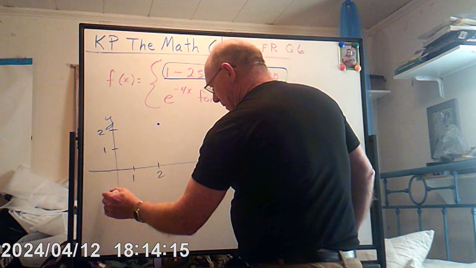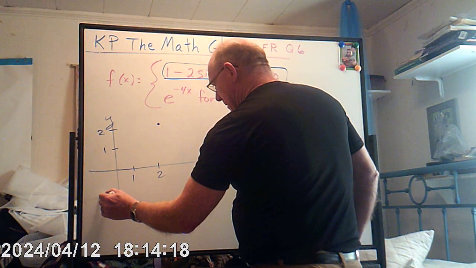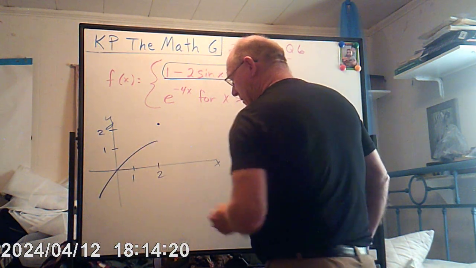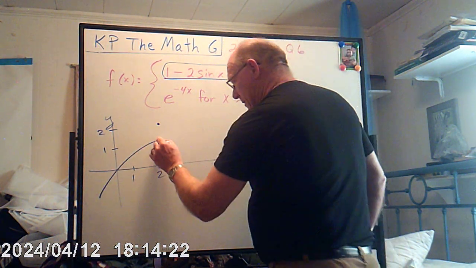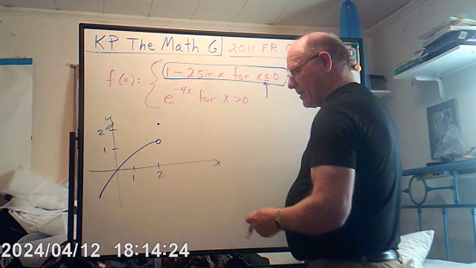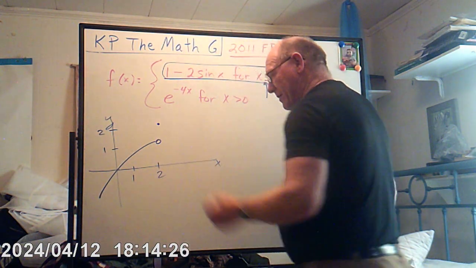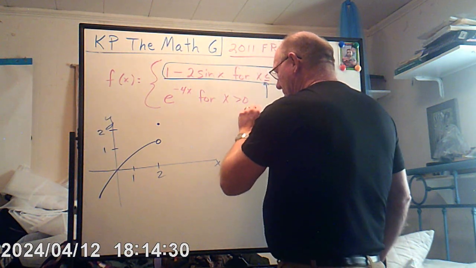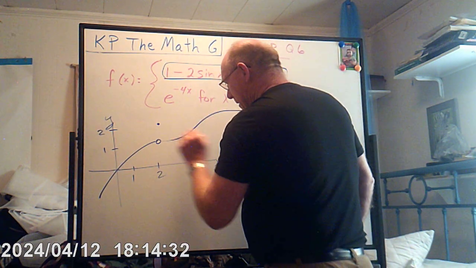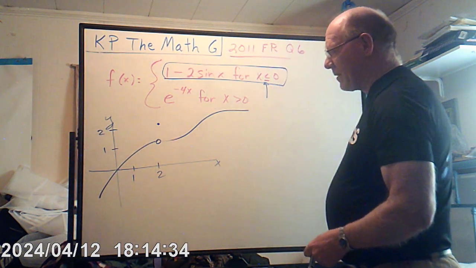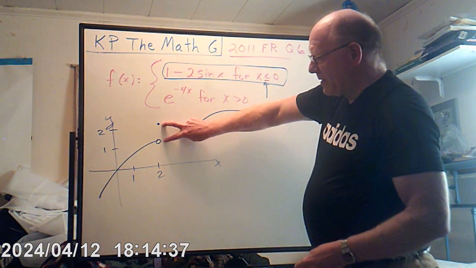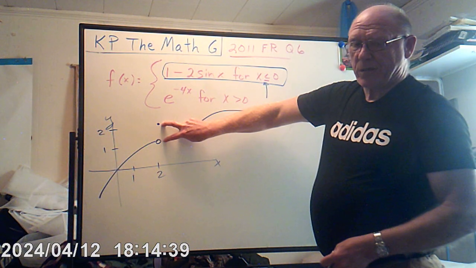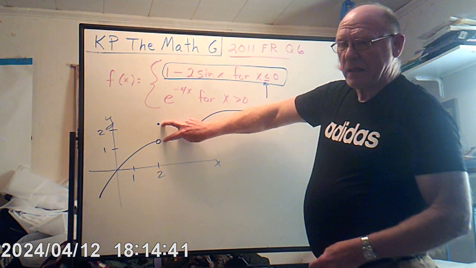And then the limit as x approaches 2 from the left exists, it is 1. Limit from the right, no matter what it looks like, is also 1, but there is no continuity, there is a hole here.